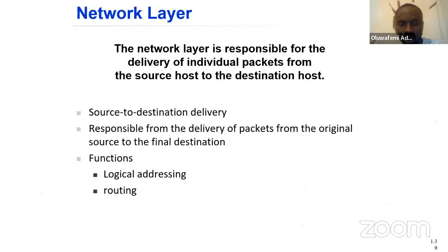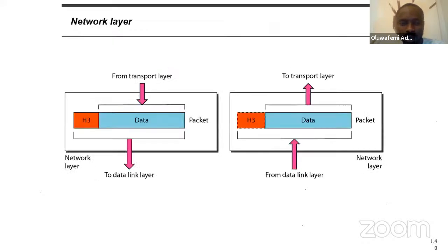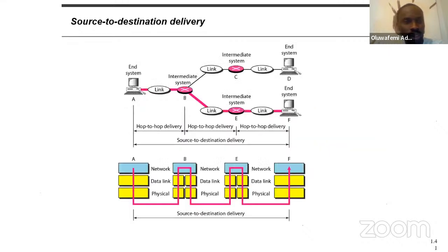The network layer deals with the logical address and routing, majorly the IP address. From the transport layer to the network layer, it deals with packets. Take note of this, and source-to-destination delivery. A network packet is converted to a frame, converted to bits, and the other way around.